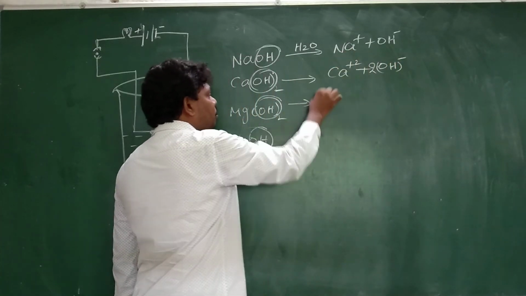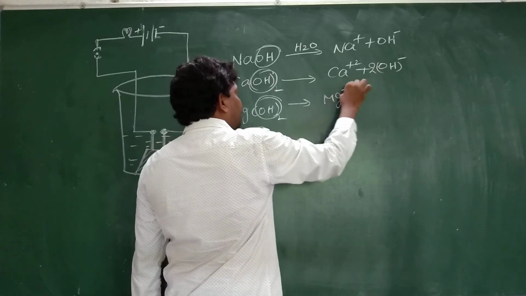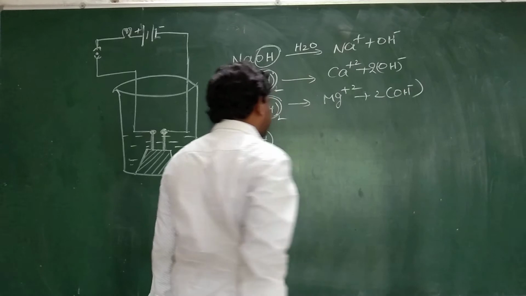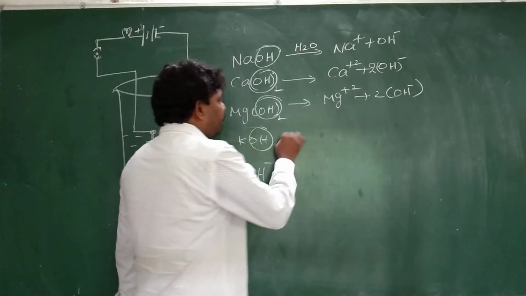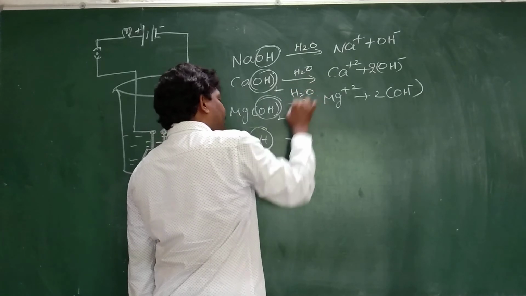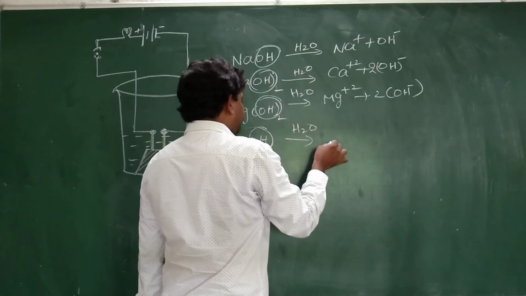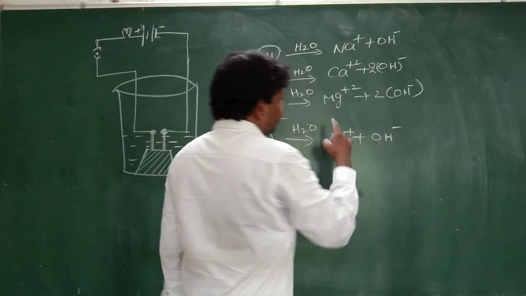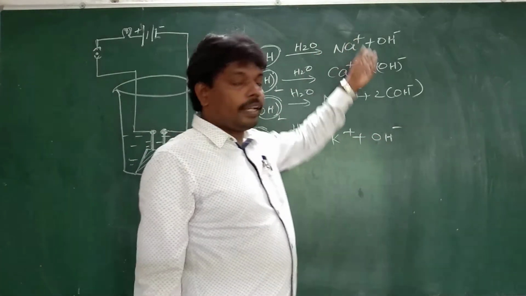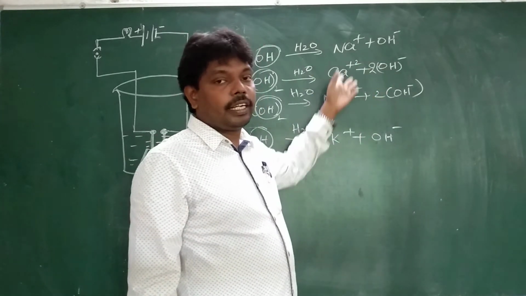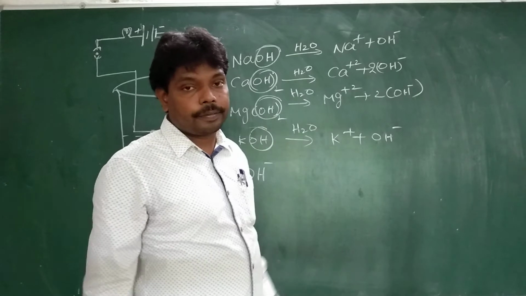Mg(OH)2 also gives Mg 2 plus and 2OH minus. KOH also gives, in aqueous medium, K plus and OH minus. So one cation and one anion are released here. The anion is the hydroxide ion, and the cation is a metallic cation.